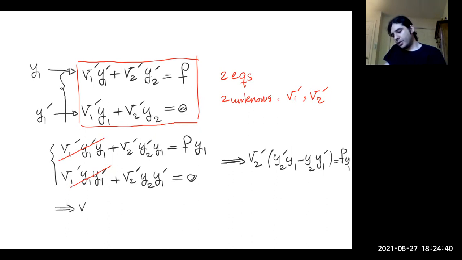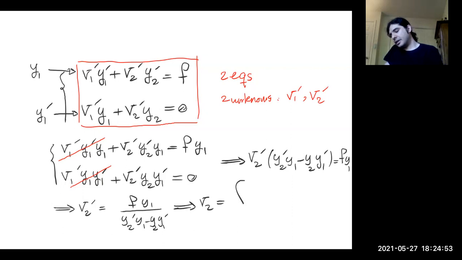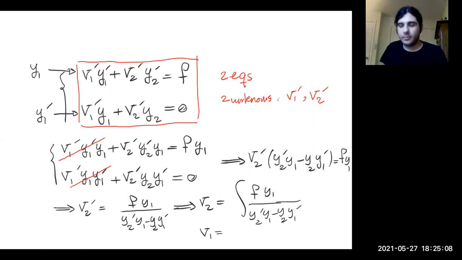Therefore, v2 prime is equal to f y1 over y2 prime y1 minus y2 y1 prime. Therefore, you can find v2 by integrating what we have on the right-hand side. Similarly, we could compute the y1 too, right? We could solve the equation to find v1.